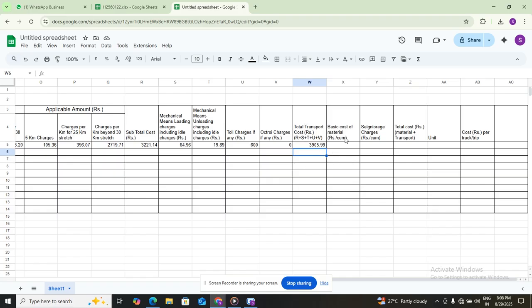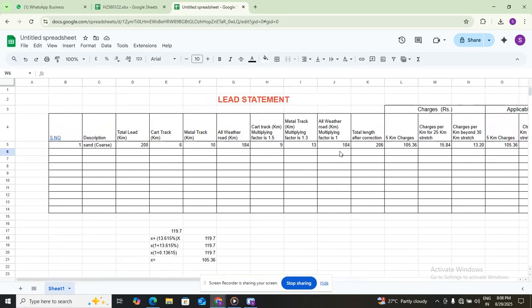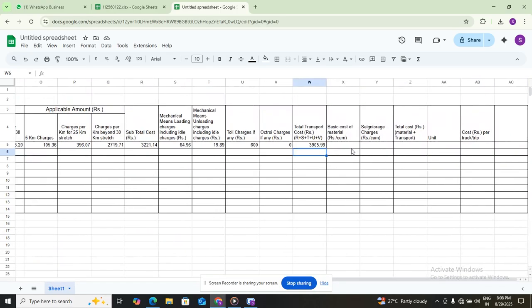What is the basic cost of the material, in rupees per cubic meter? What is the per cubic meter cost of the sand? We need to consider it as coarse sand. What's the price? We're going to check in the Telangana SOR.